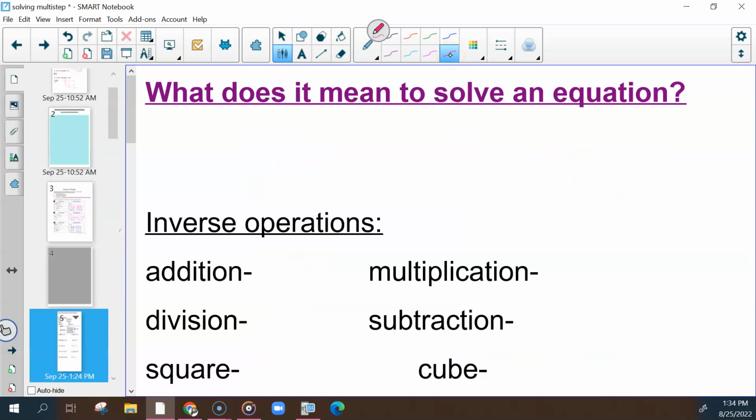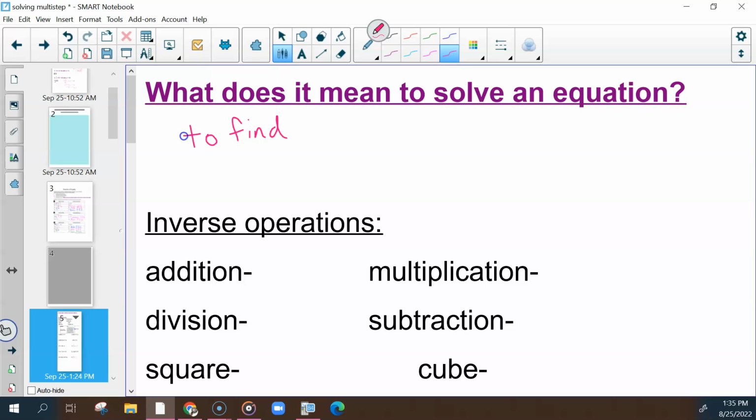So this goes back to the very first question I asked. What do you think of when you hear the word solution? We said an answer to an equation. I'm going to add on to that: to find a solution that makes an equation true by using inverse operations.